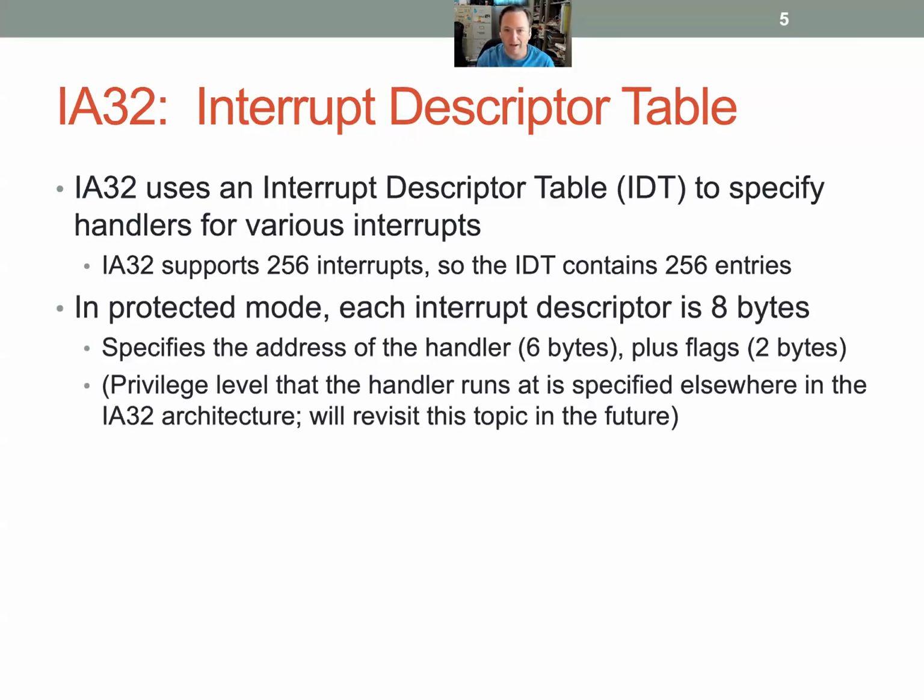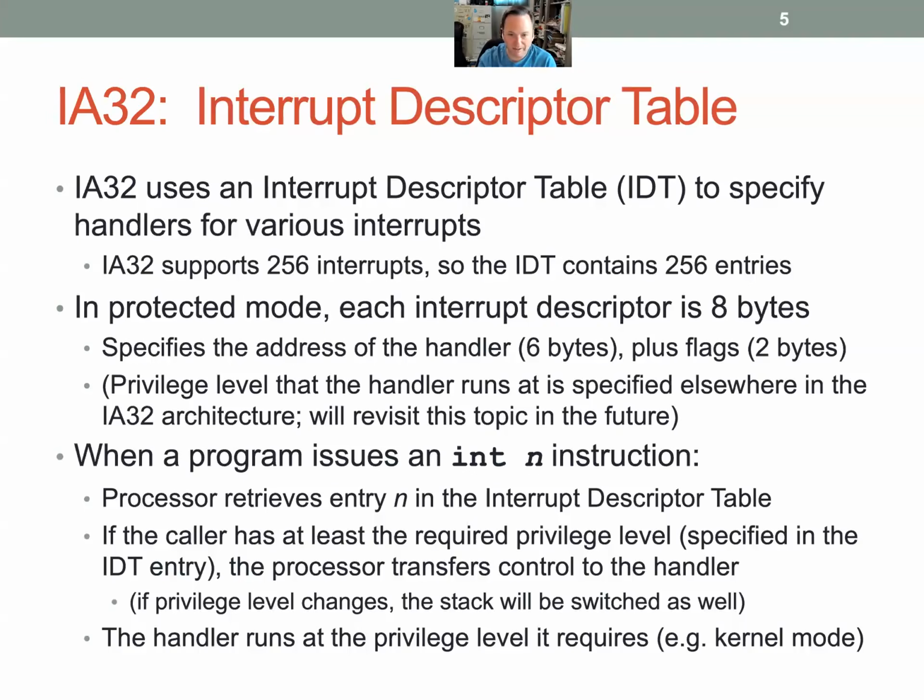Protected mode has these 8-byte interrupt descriptors, which basically hold a simple set of rules: the caller protection level, the handler protection level, and the address of the handler. There's not a lot more than that in the interrupt descriptor table entries. So for an OS entry point, you would say, starting in at least user mode, you end up in kernel mode, and here's where the handler is located. That way the kernel can control exactly how the program gets into the kernel, and it can be really careful with that code to keep anything horrible from happening.